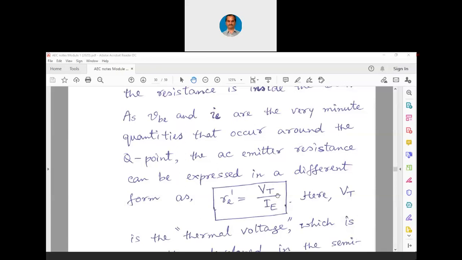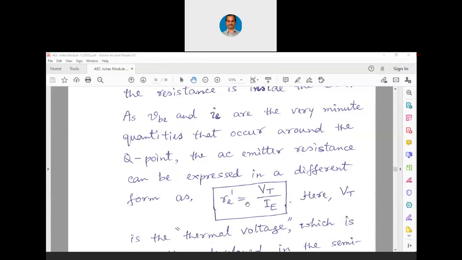That is why Boltzmann's constant along with the temperature comes into the picture along with the charge of an electron. The mobility of an electron is always dependent on the temperature. That is why the complete term KT by Q is represented as capital VT, and that is called the thermal voltage.